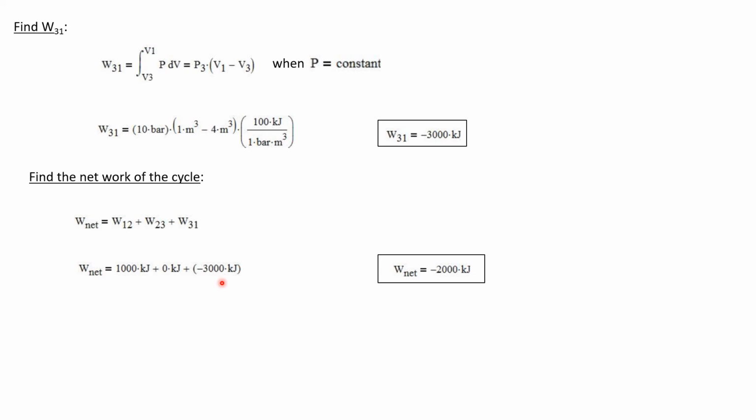And in the third process, the work done was actually negative. So work had to be done on the system. If we add all these together, we get that the net work is minus 2,000 kilojoules, which is to say, in order for this cycle to take place, we have to provide 2,000 kilojoules to put that amount of energy into the system for the cycle to take place.